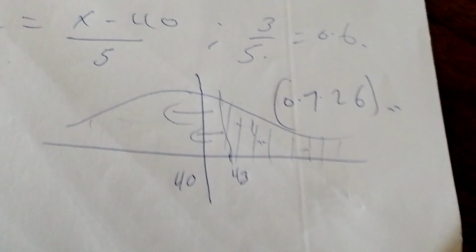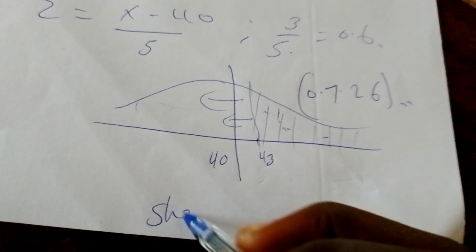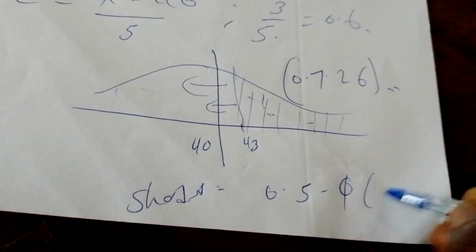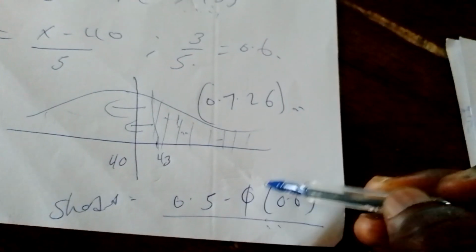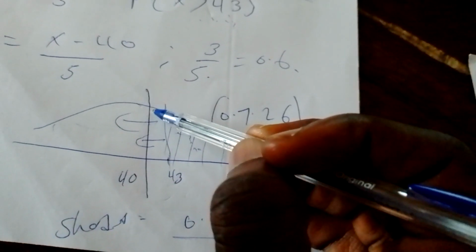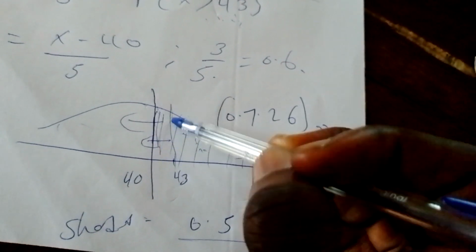There's an approach that was also used in class. They were saying that the shaded area will be 0.5 minus phi of 0.6, and this one would give you just this. So if you subtract phi of 0.6 from 0.5, you just get this area.